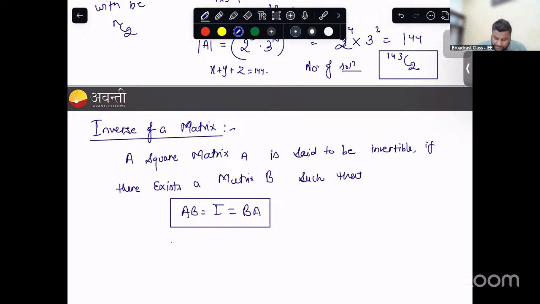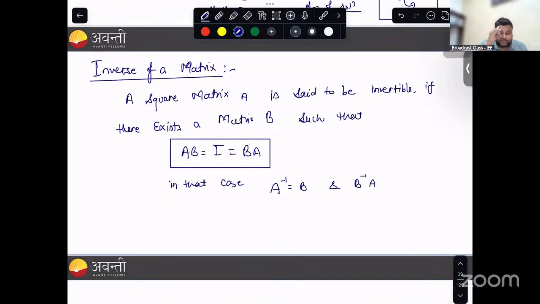And in that case, A inverse is equal to B and B inverse is equal to A. Understood? So A inverse is B and B inverse is A.